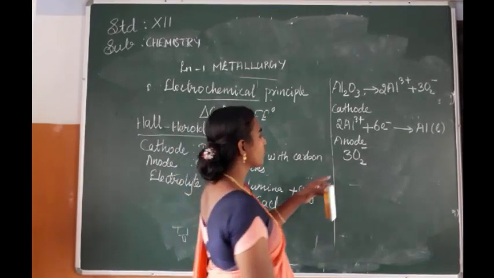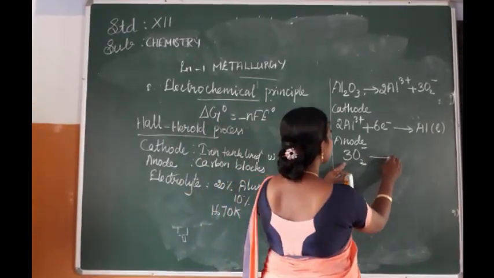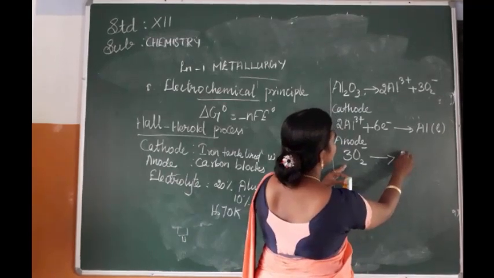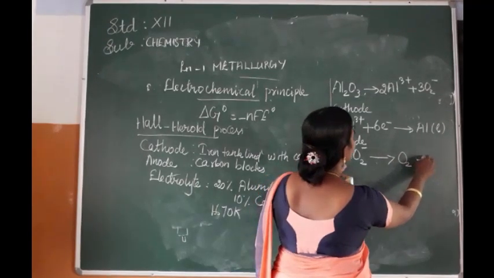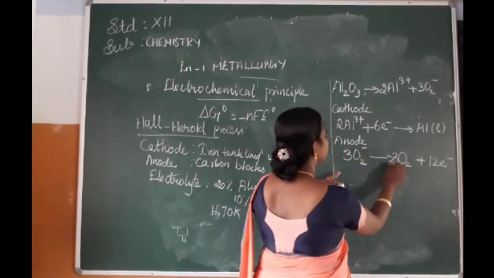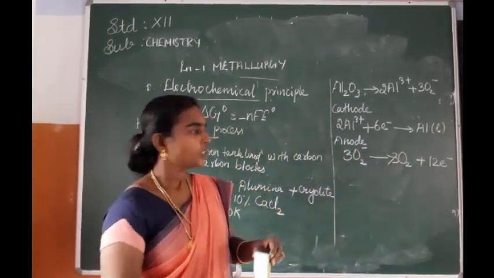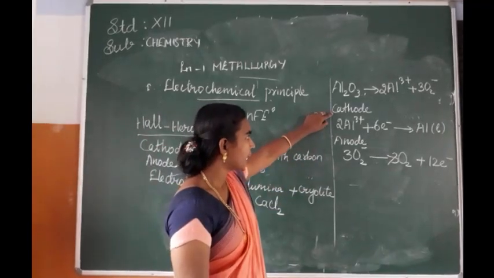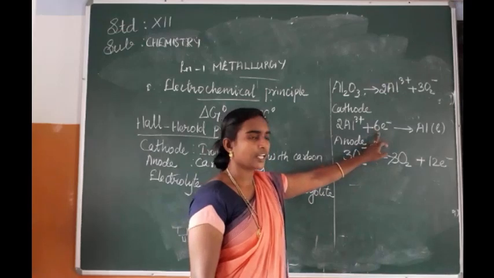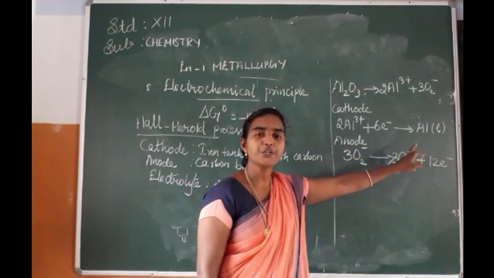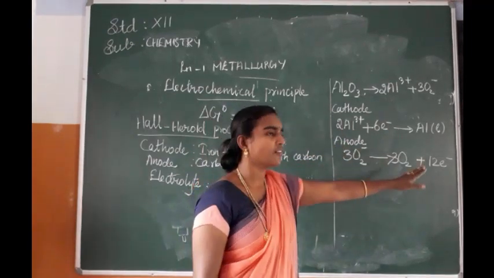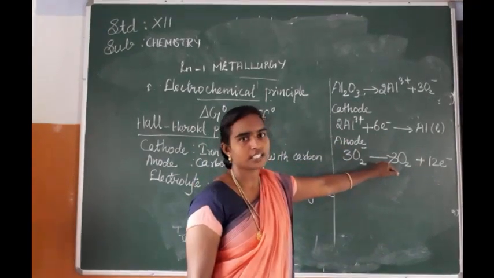So this O2- will be changed into O2 plus 12 electrons. Is it clear? So at the cathode, this Al3+ accepts 6 electrons and is converted into aluminium metal. The anode supplies 12 electrons and O2- is converted into oxygen gas.